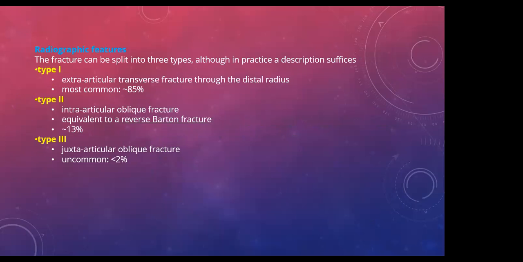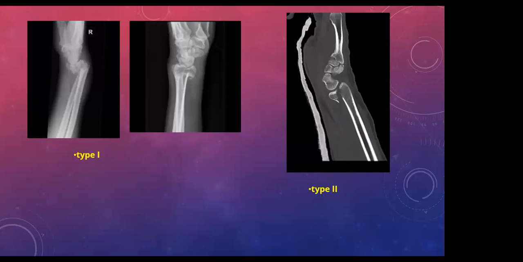This is the most common type, 85%. Type 2: intra-articular oblique fracture, equivalent to the reverse Barton fracture, 13%. Type 3: juxta-articular oblique fracture, which is uncommon, less than 2%. This is a type 1 extra-articular, and this is a type 2 oblique and intra-articular.